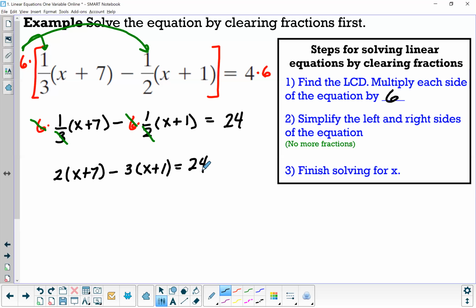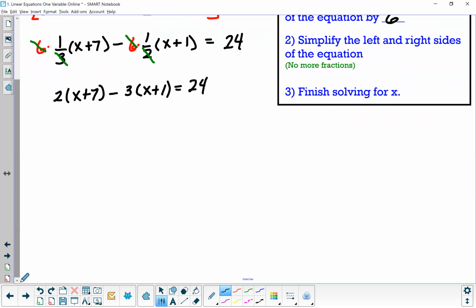We've cleared fractions. Now remember, when we're solving equations, we want to make sure we distribute and combine like terms before we use any of the properties of equality. So I'm going to draw a line through my equal sign, and I'm going to simplify this left side of the equation.